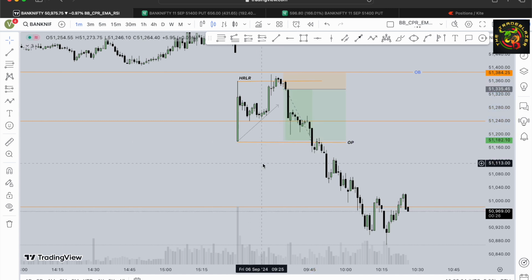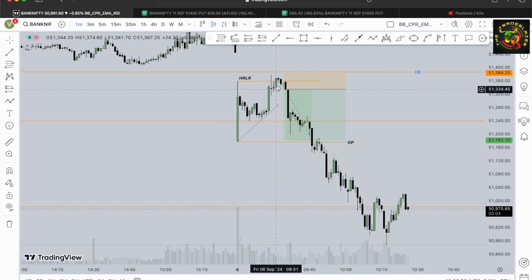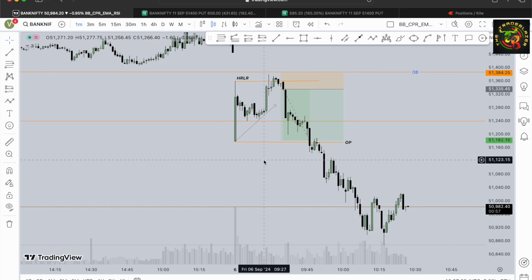Trading is always a combination of psychology and a proper setup, right? Let's say your setup is good and your psychology is not aligned with the setup, you end up not making money. Or otherwise, if the psychology is good and you don't have a proper technical setup like this, obviously you will end up not making money again.